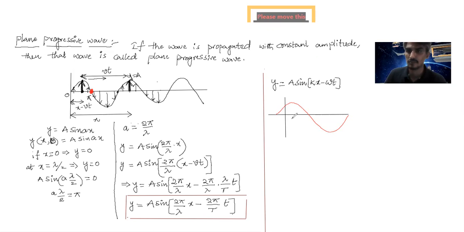What is the initial phase to be written here? Then we can write this equation as y is equal to a sine kx minus omega t plus phi, here we have to write plus phi.